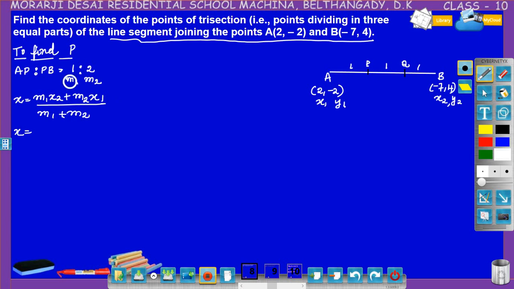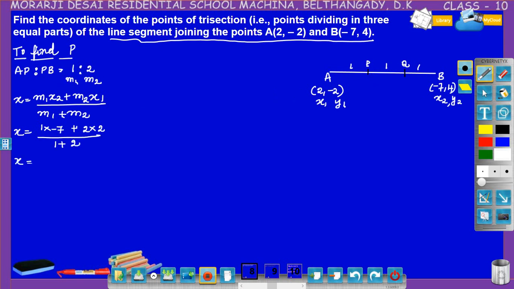What is m1? m1 is 1 into x2, that is minus 7, plus m2 is 2 into x1, that is 2, divided by m1 plus m2, that is 1 plus 2.